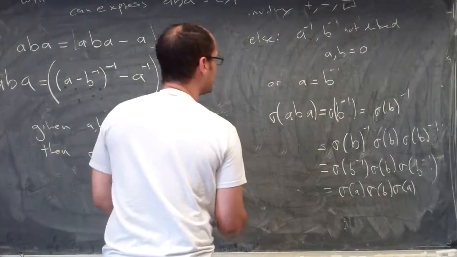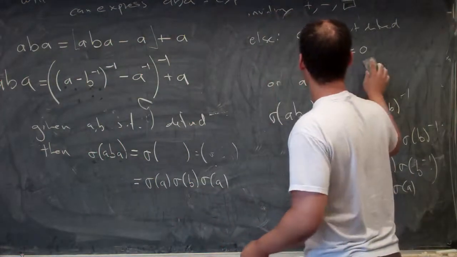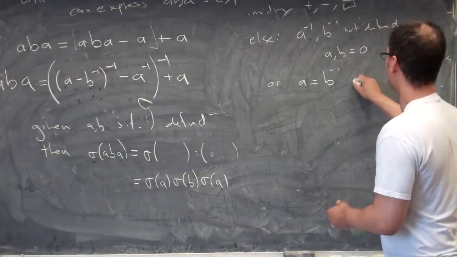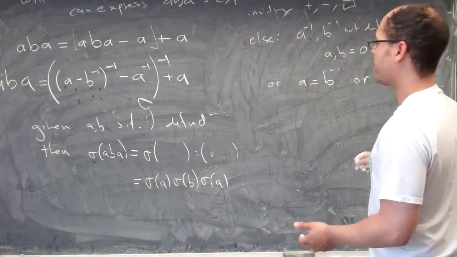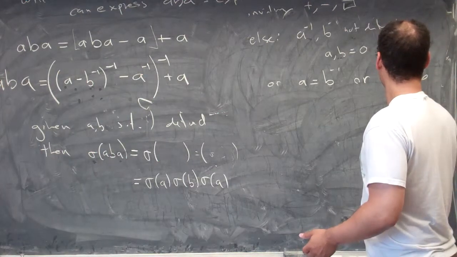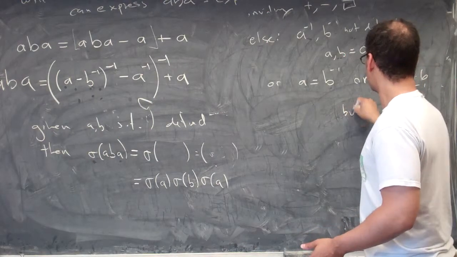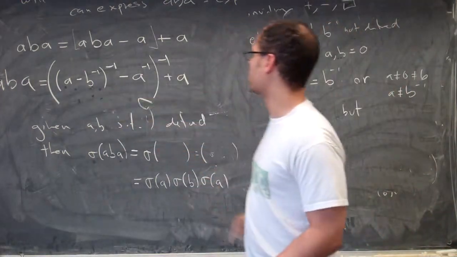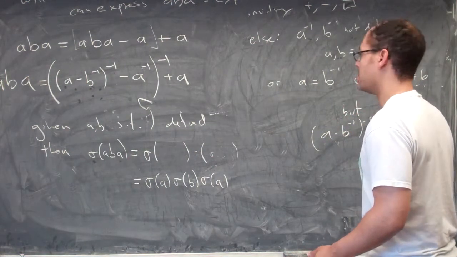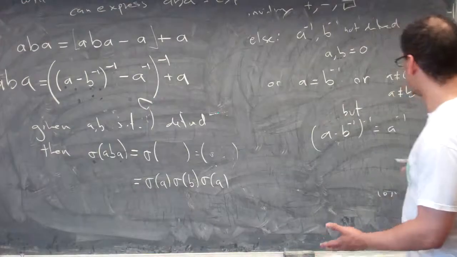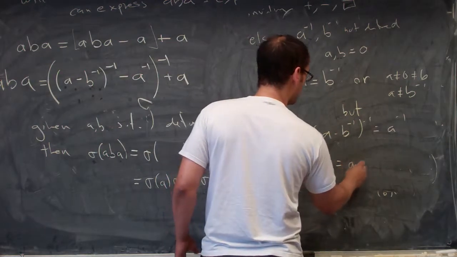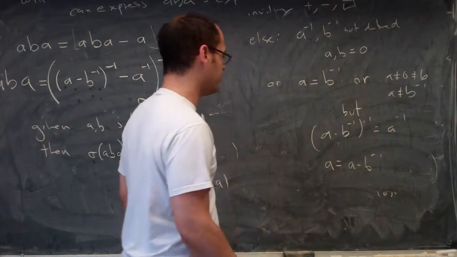Okay, so the last case I need to check is when A and B are non-zero, A is not B inverse, but maybe this expression is 0. A minus B inverse is equal to A inverse. Of course, if that's true, then that's also the same as saying that A is equal to A minus B inverse.